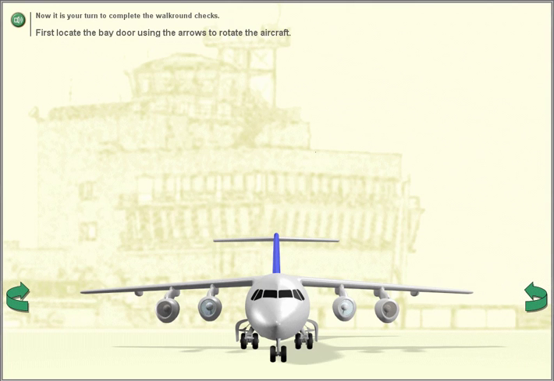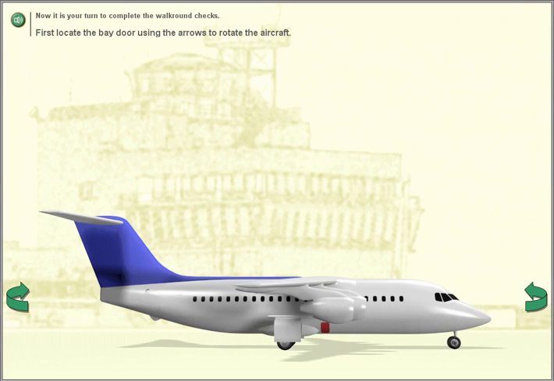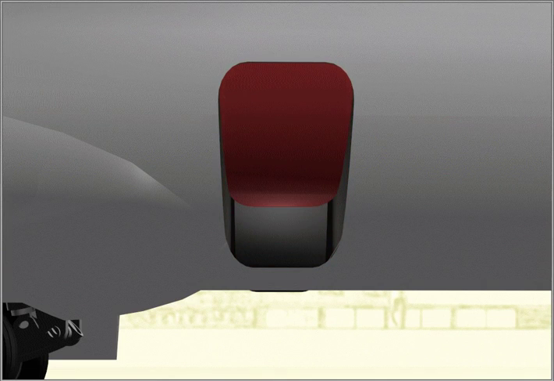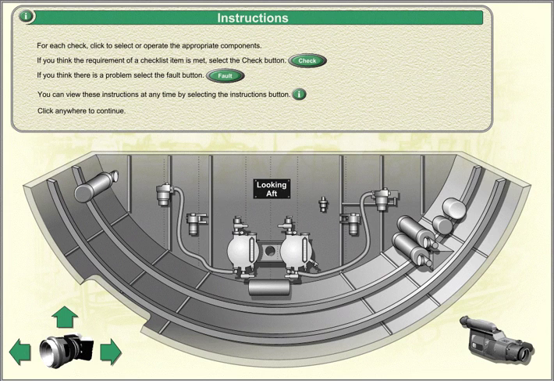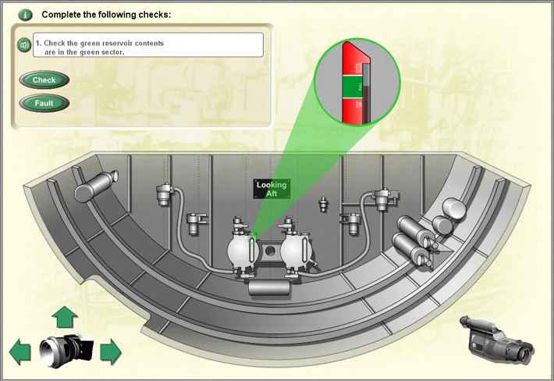Now it is your turn to complete the walk-round checks. First, locate the bay door using the arrows to rotate the aircraft. Complete the following checks. Check the green reservoir contents are in the green sector.